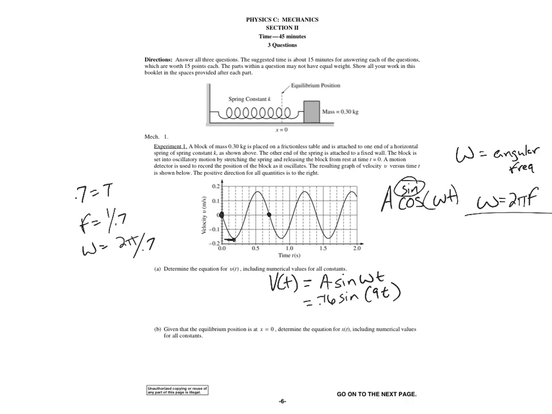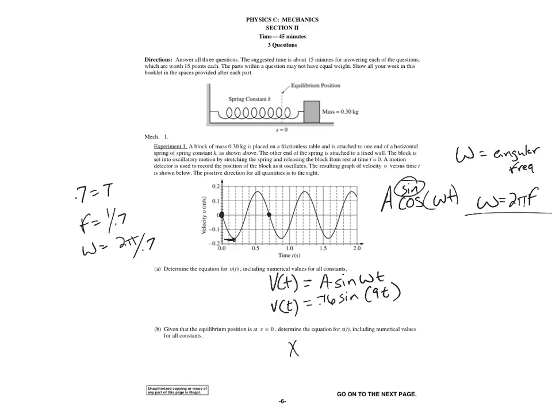All right, give an equation for the position x at x equals 0. Given that the initial position is x equals 0, determine the equation x of t. So the deal here is that if we want to find it, we got to find the integral of this.